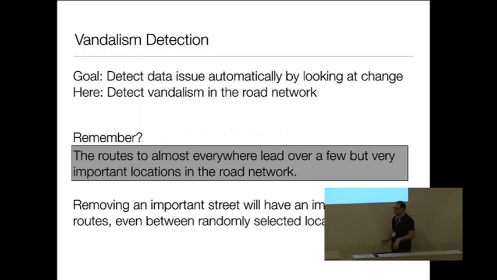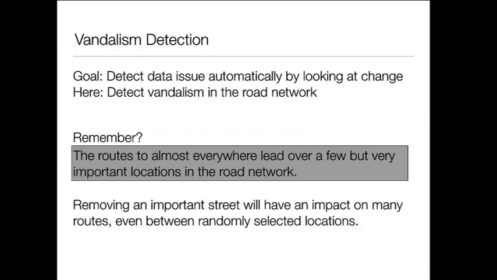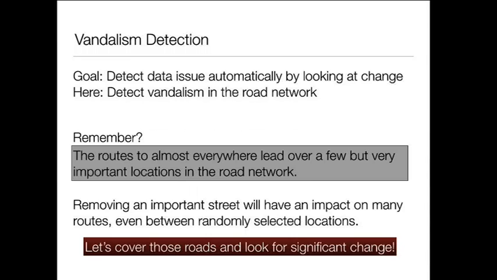From a math point of view, this is very important because you can pick locations automatically at random, and it's not easy for an adversary to vandalize around these selected locations. So we want to cover the most important roads and look for significant changes.